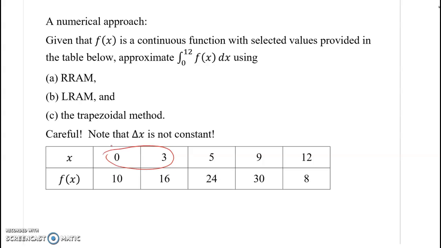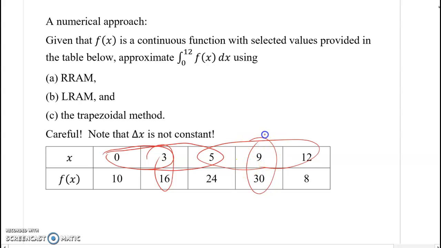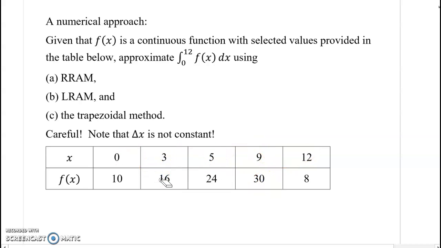Sometimes you might see that happen where we could do maybe two rectangles, one going from 0 to 5 with a midpoint of 3, and then one going from 5 to 12 with a midpoint of 9. Of course, 9 isn't the midpoint of 5 and 12, but at any rate, we're not going to mess with that here. We're just going to use RRAM, LRAM, and the trapezoidal method.